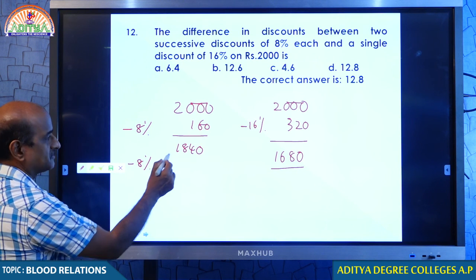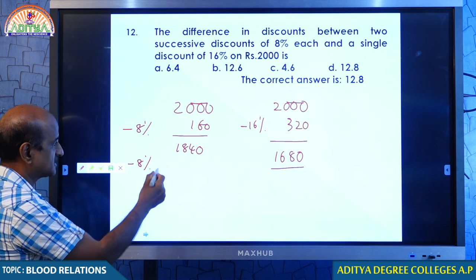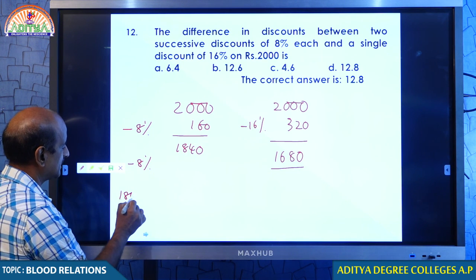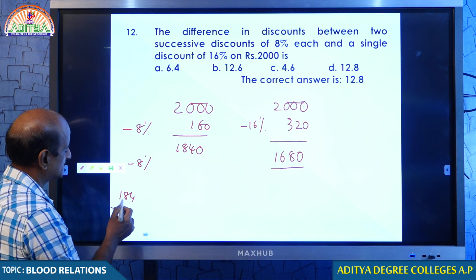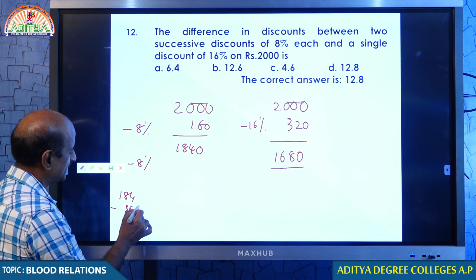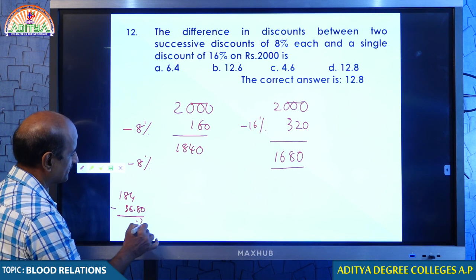How much is 8% of 1840? You want to check. How much is 10%? 184. And reduce 2%. 2% means 36 rupees 80 paise.